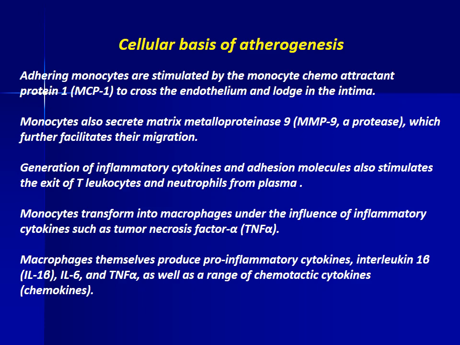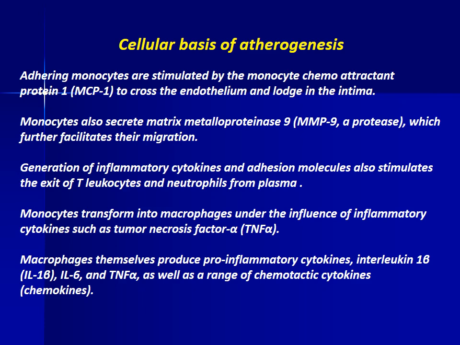Generation of inflammatory cytokines and adhesion molecules also stimulates the exit of T leukocytes and neutrophils from plasma. Monocytes transform into macrophages under the influence of inflammatory cytokines such as tumor necrosis factor alpha, or TNF alpha.